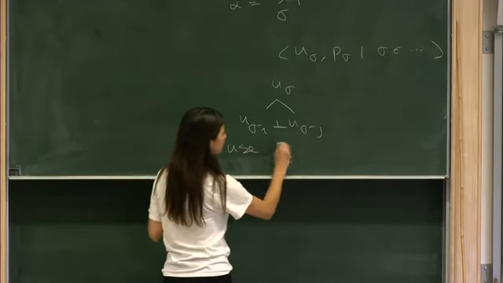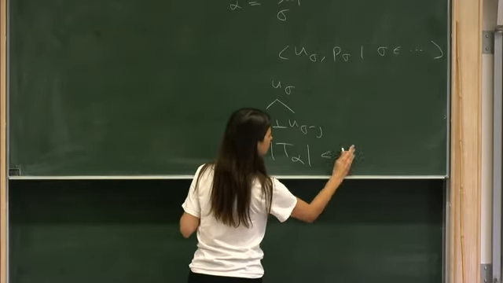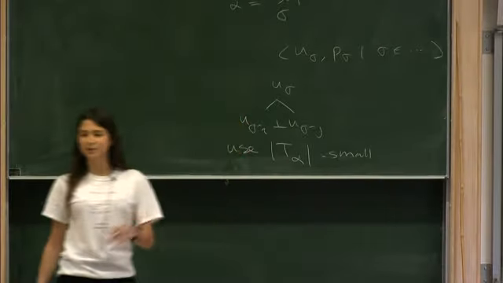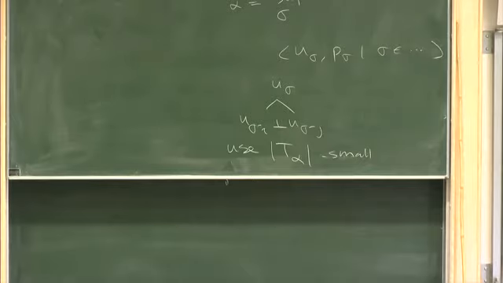Finally, use that T alpha is not too big. So this is just a very broad overview of what people try to do when they try to show branch lemmas.